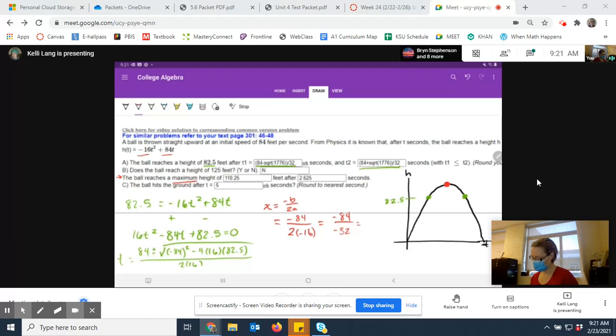Oh, I've got the answer right here. That'll be about 110.25 if I calculated this right yesterday. So that's our x value of our maximum. In order to find our y value or our h value, we will plug in 110.25 into h.